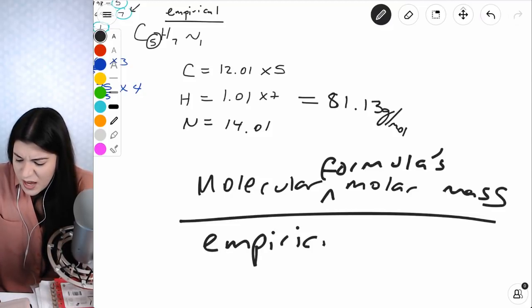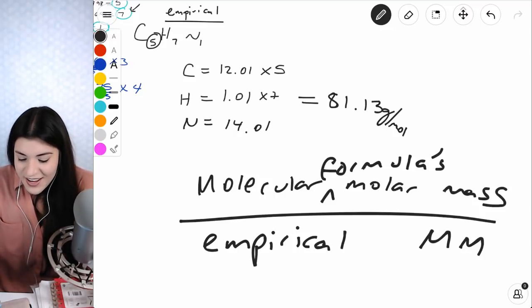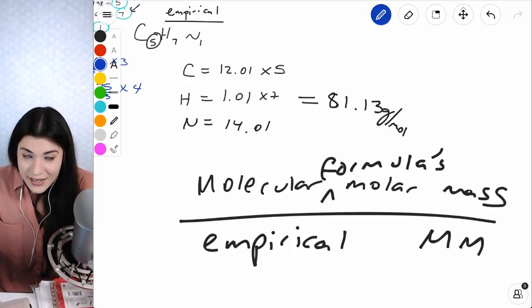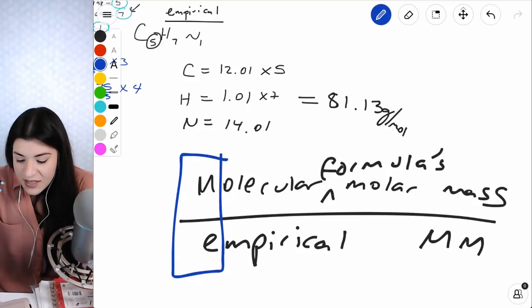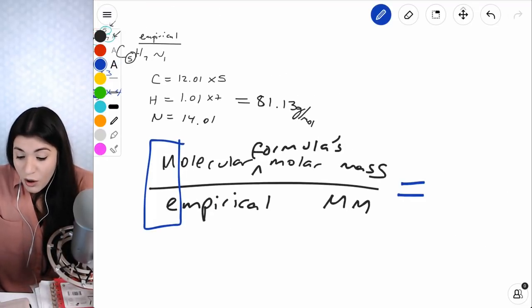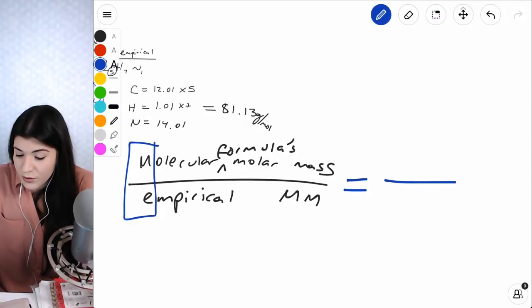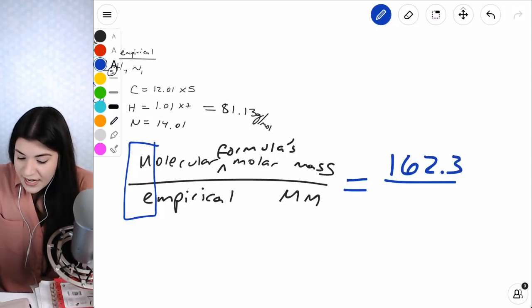I'm just going to put mm. How I would always remember this is: don't forget about me. So molecular formula's mass divided by the empirical formula's molar mass, and then let's plug everything in. On top would be what was initially given, which was 162.3, and on the bottom would be that 81.13 that we found previously.